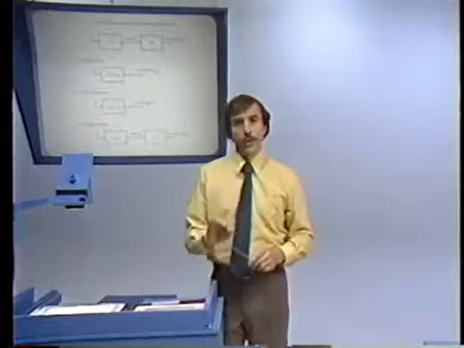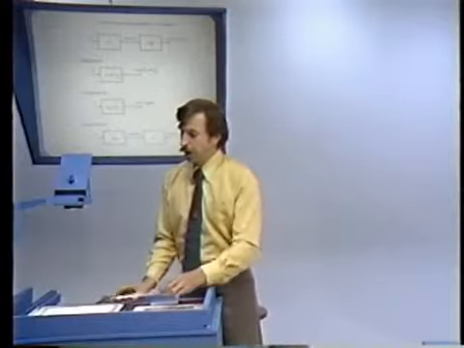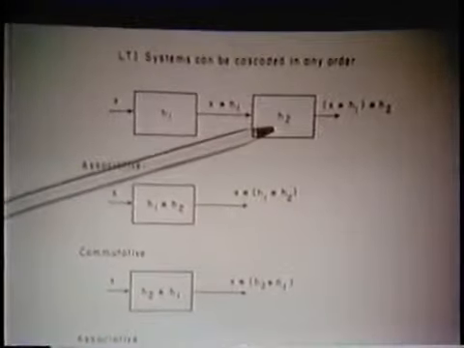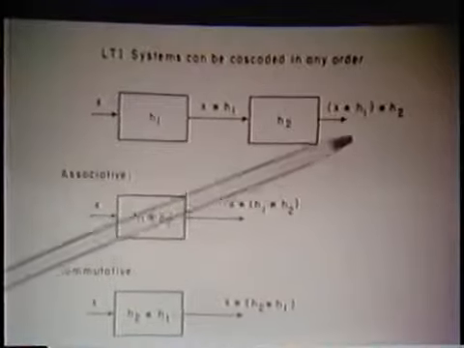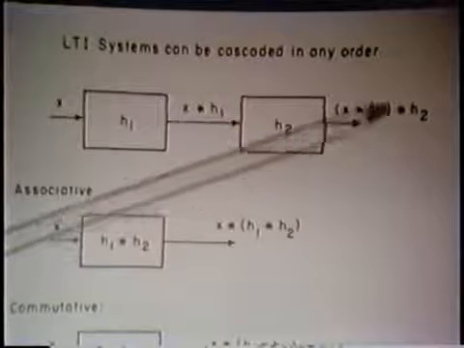To see this, let's first consider the cascade of two systems, one with impulse response h1, the other with impulse response h2, and the output of the first system is then x convolved with h1, and then that is the input to the second system, and so the output of that is that result convolved with h2.